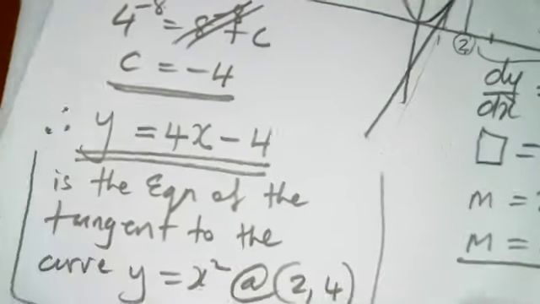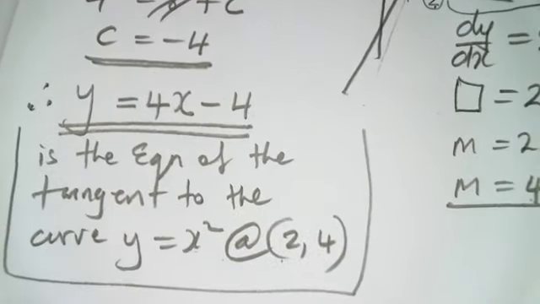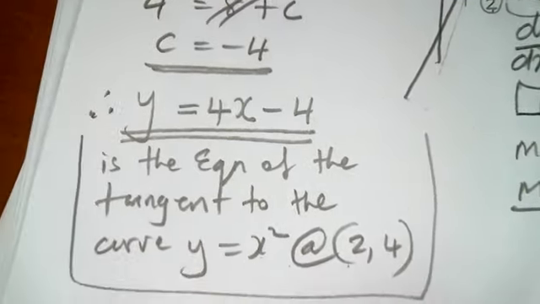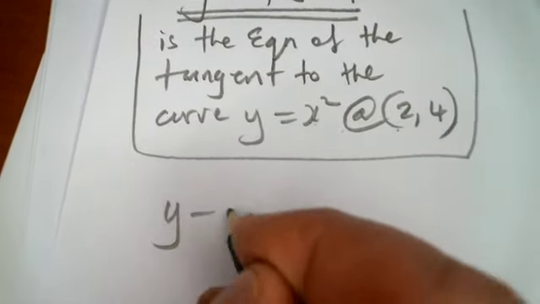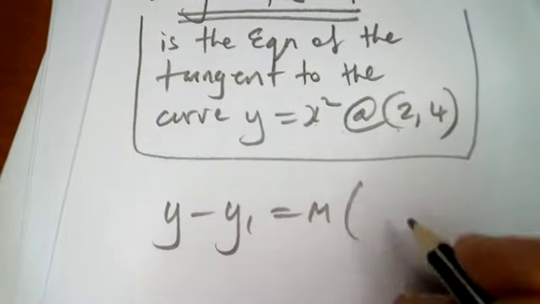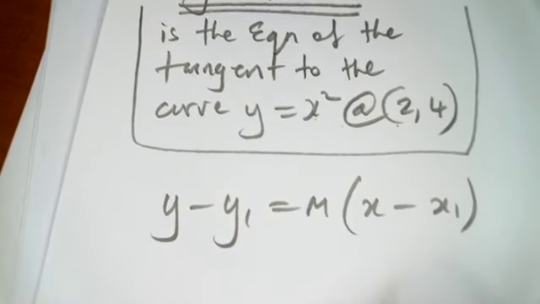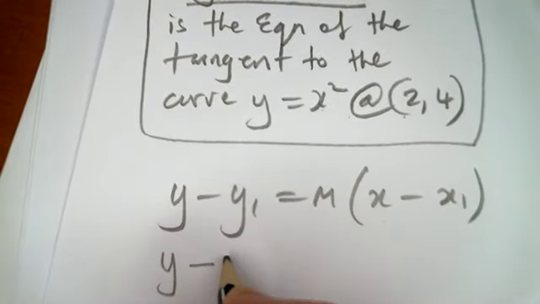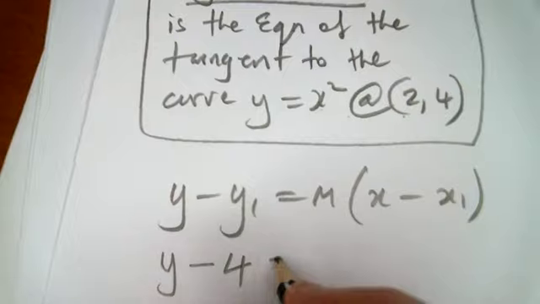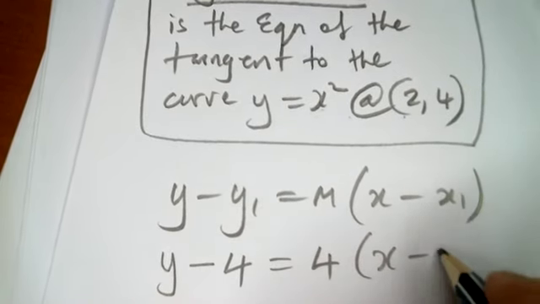Or you could, of course, have used the point gradient equation. I'll do that just for a bit of fun. Here we've got y minus y1 is equal to m times x minus x1. We substitute the same values. y1 was 4, m was 4, x1 was 2.